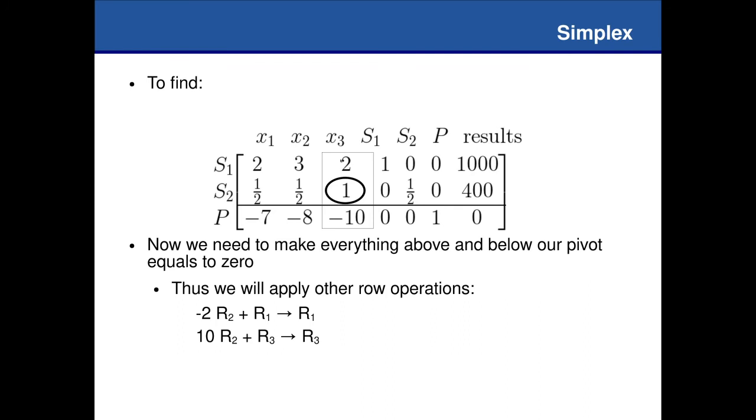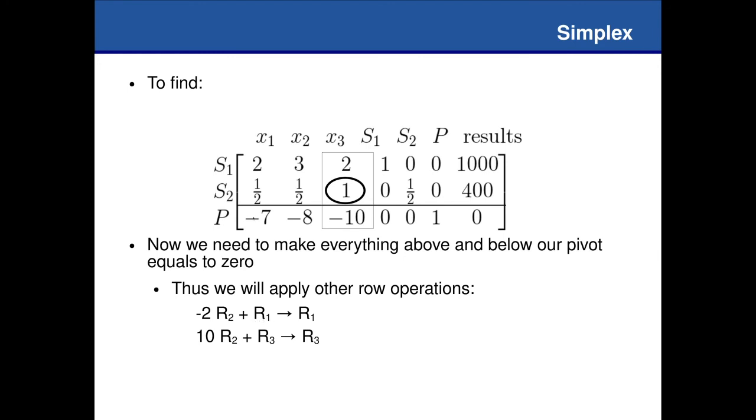Next step, we need to make this equals to 0 and this equals to 0 as in the row reduced echelon form. To make this equals to 0, I just need to multiply the second row by 2 and of course subtract it from the first row. That's written here. Minus 2 times row 2 plus row 1, and row 1 will assume that.